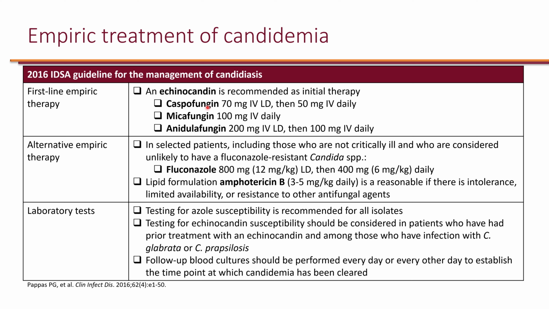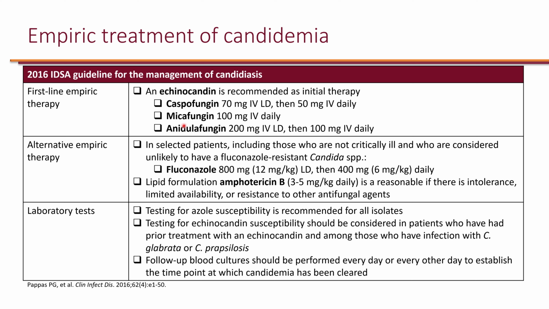And then as an alternative, in selected patients, including those who are not critically ill and who are considered unlikely to have a fluconazole-resistant infection, fluconazole can be used. And of course, another alternative is lipid formulation amphotericin B. It is reasonable if there is intolerance, limited availability, or resistance to other antifungal agents.